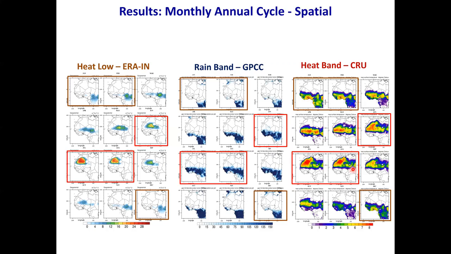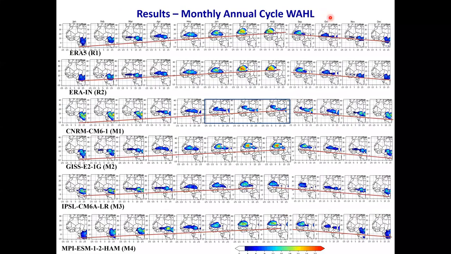So the first two maps, the first one is for ERA5, and the second one is for ERA-Interim, and then the rest are for the models. So you can clearly see that in the reanalysis datasets, the two reference datasets, the heat low moves from the southeastern part to the northwestern part in August.